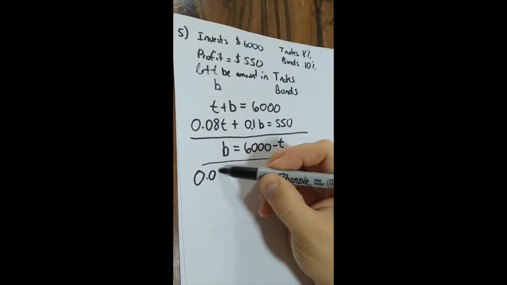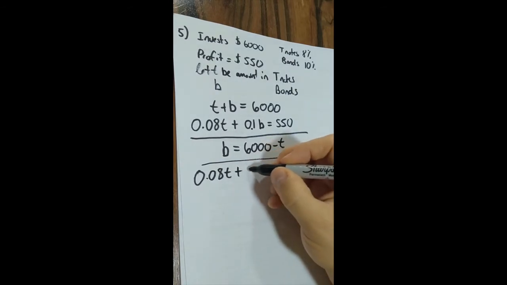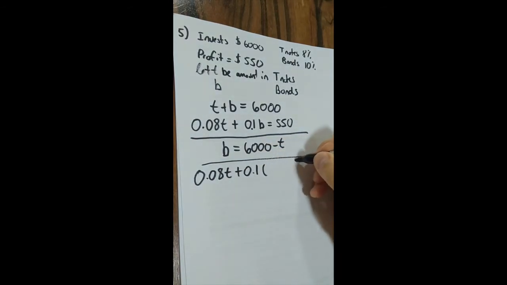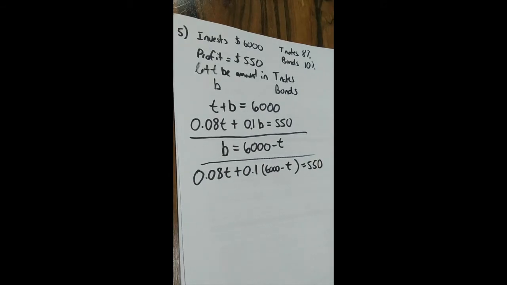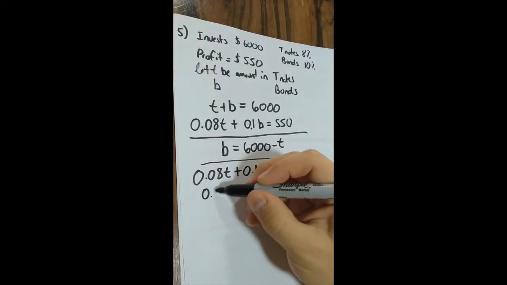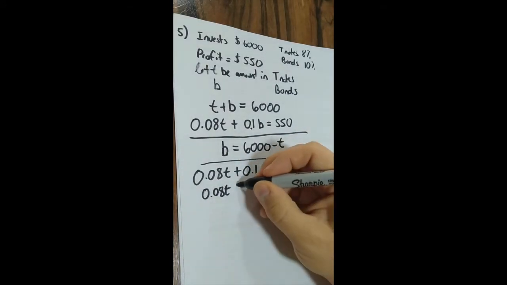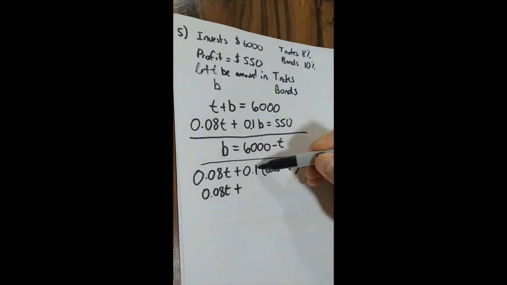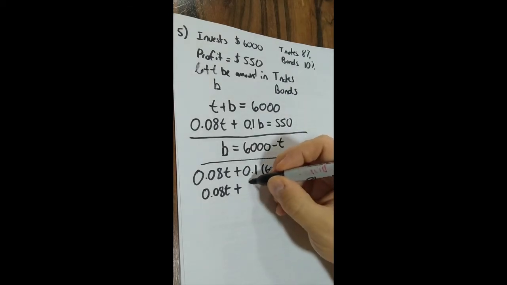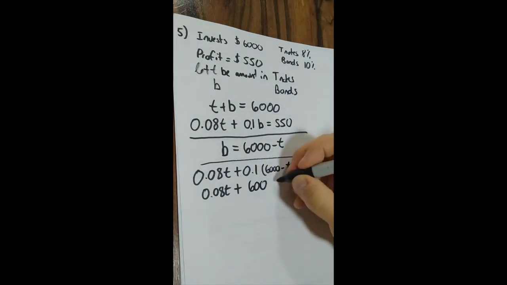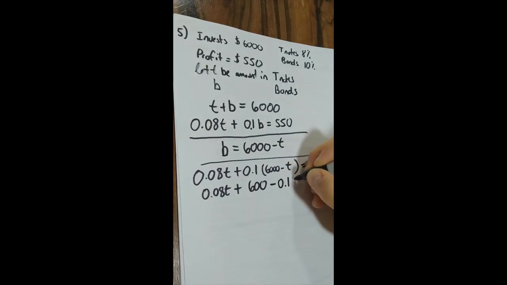So 0.08T plus 0.1 times, substituting for B, 6,000 minus T, is equal to 550. Now we can see that we just have one variable to solve for. Let's continue. 0.08T plus, now 10% of 6,000 is 600, minus 0.1T is equal to 550.